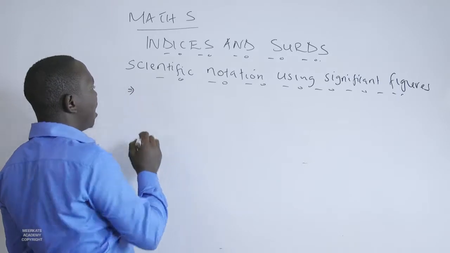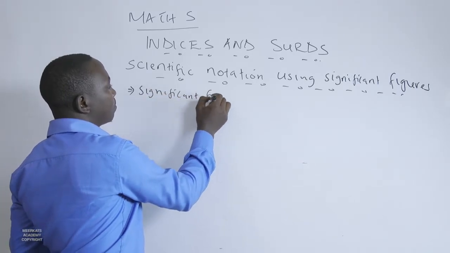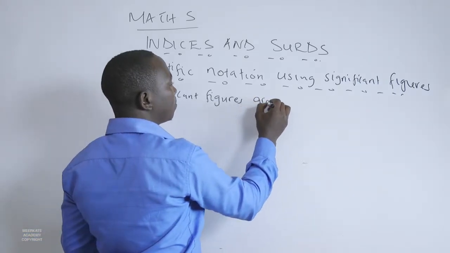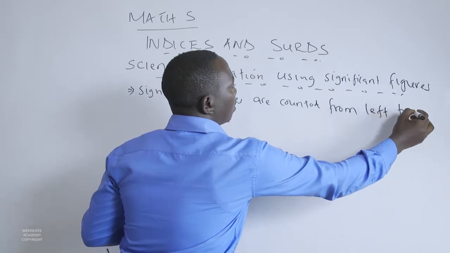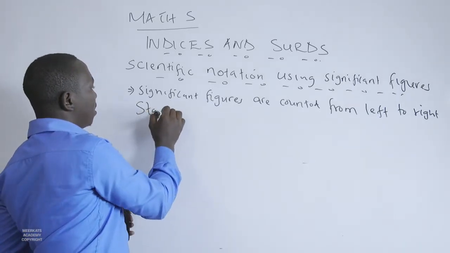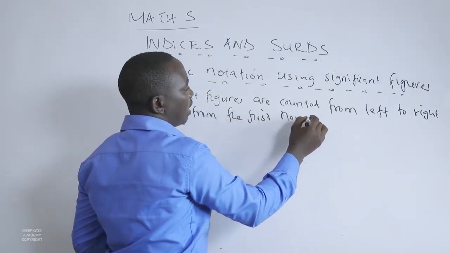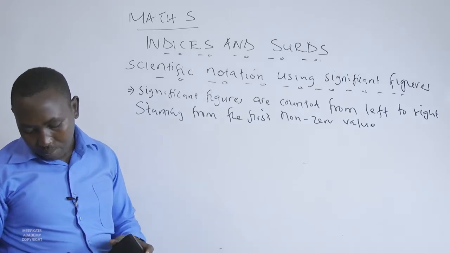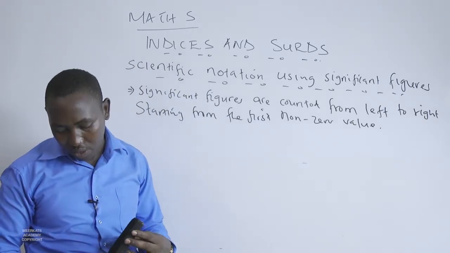From our previous understanding, significant figures are usually counted from the left to your right, always starting from the first non-zero value or digit. But sometimes zeros can be significant.